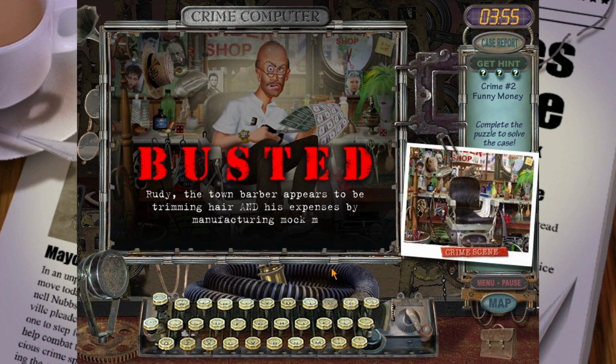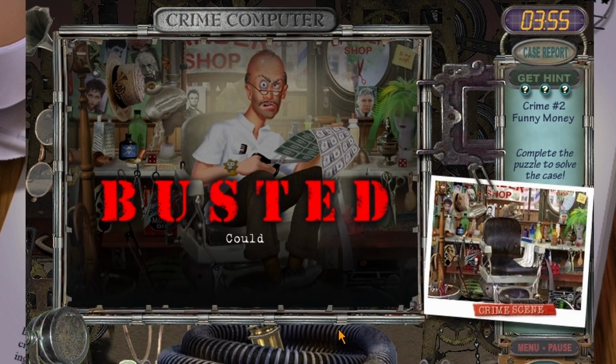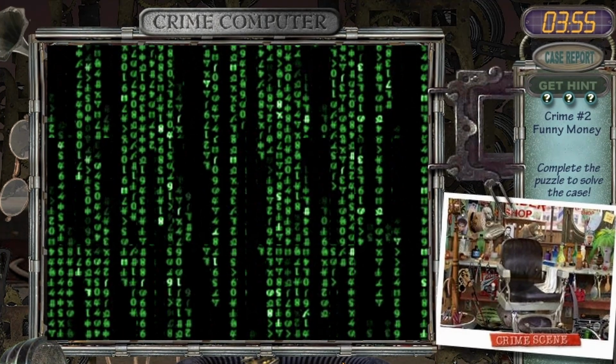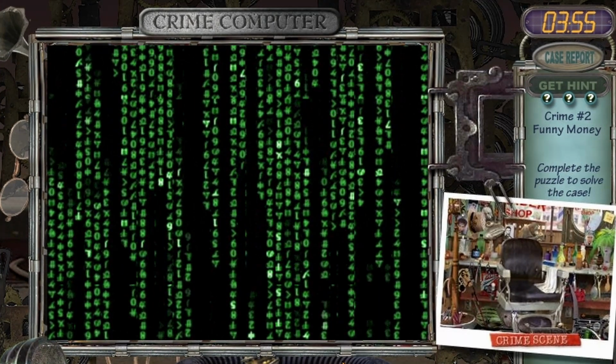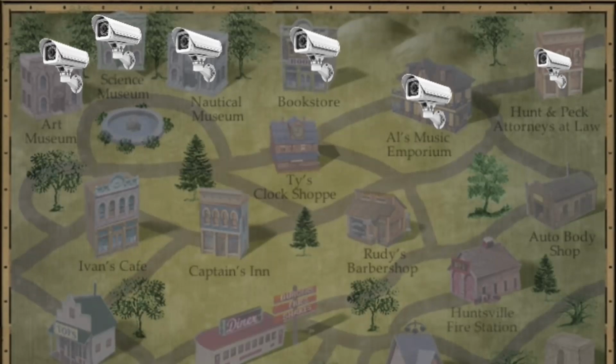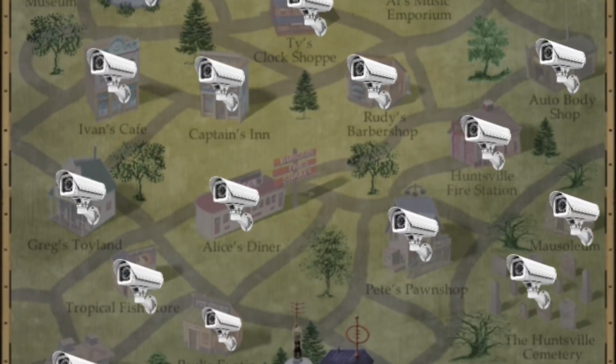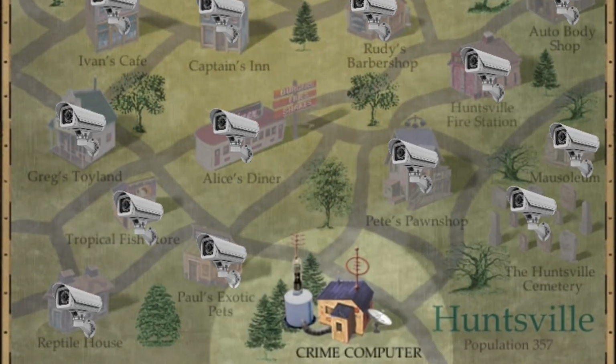There are some theories I came up with about the features of the crime computer. A theory is that the crime computer already has several data or scenes recorded from the surveillance cameras placed in every location in Huntsville that are presumably connected to the crime computer.